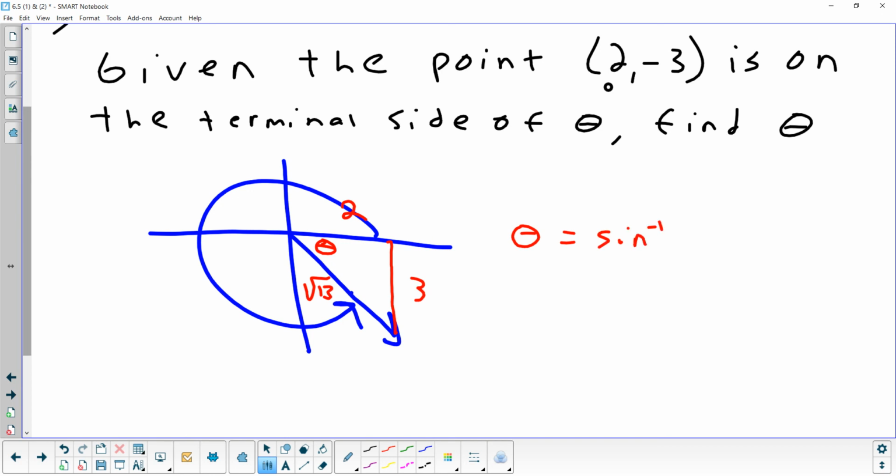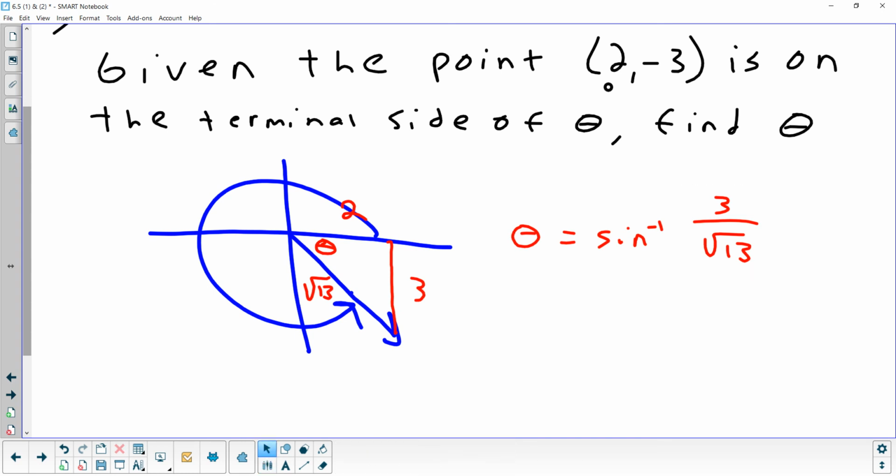Remember, I'm going to jump right to the inverse trig. You could write sine theta equals 3 over square root of 13, opposite over hypotenuse. But we can just jump right to the final answer: inverse sine of 3 over square root 13. Now you might say, wait a minute, you just left the square root in the bottom. I don't really care. That's not my final answer.